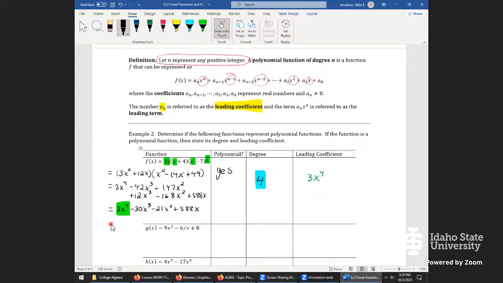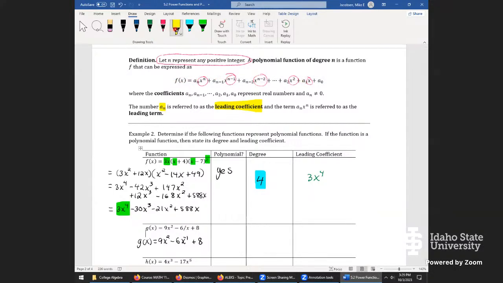So if we try to fix this function and put it into this general form where we see the red dot is, it would look like this: g of x equals 9x squared. That was no trouble here. Where that x is in the denominator, we can force it up into the numerator by writing negative 6 x powered negative 1, and then plus 8. That's the closest we can do to get it into this format right here.